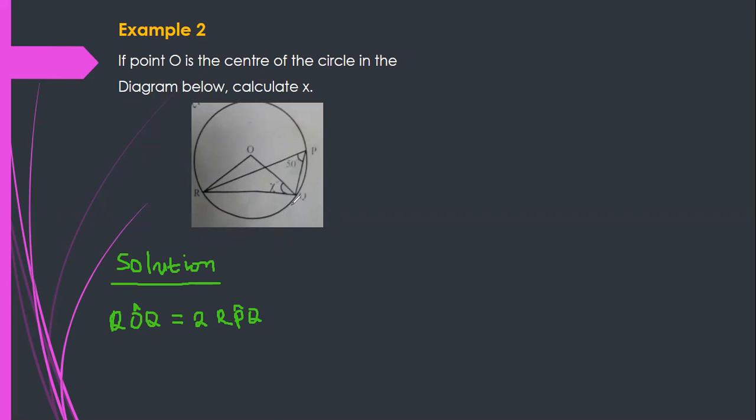For the same reason: the angle subtended at the center by an arc of a circle is twice the angle subtended at any part on the circumference. So the angle at the center is twice the angle that is here. So we just say 2 times this. Let me write the reason here.